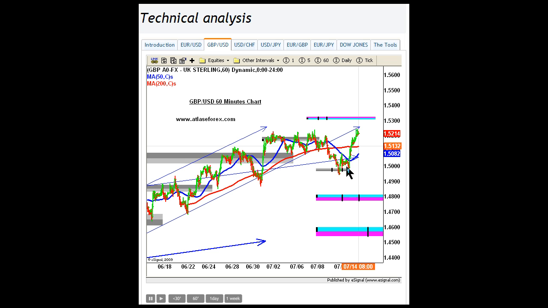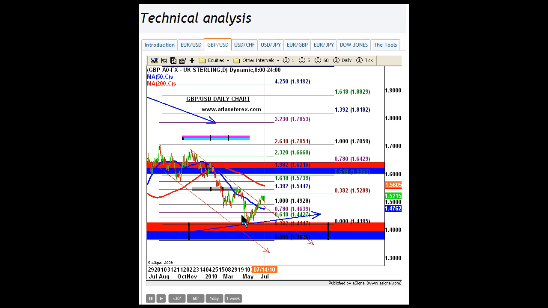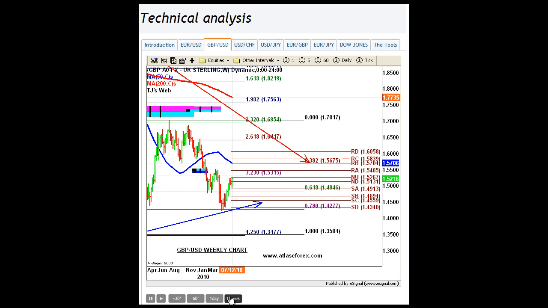Yes, drop. Then the CPI yesterday helped it for one day. Nothing yet that can justify a forecast that could be achievable, could be reliable. 153. We stay with 153.